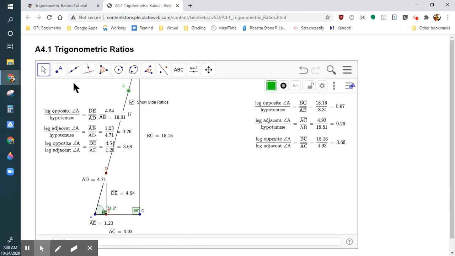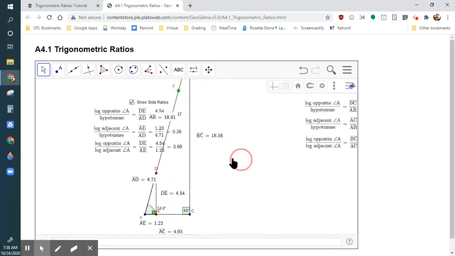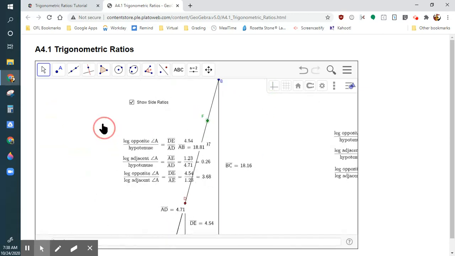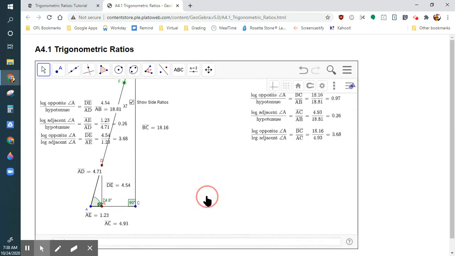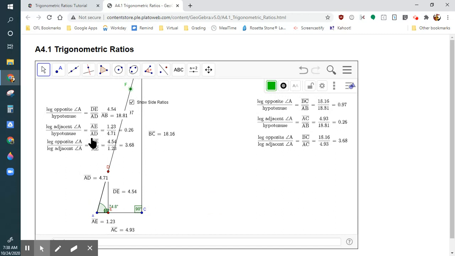That's close enough. And I'm going to move over. I didn't move over my things. Hmm, I was hoping I could make this a little better, because all of these things are overlapping, and I don't like that.